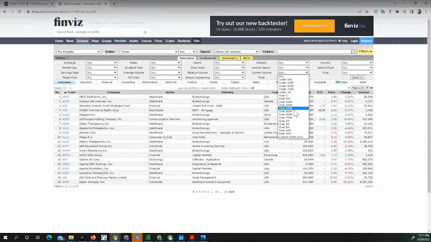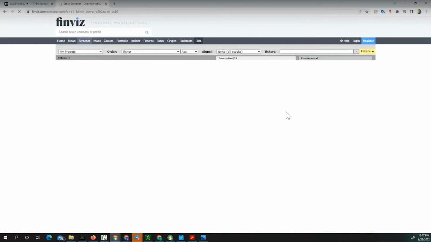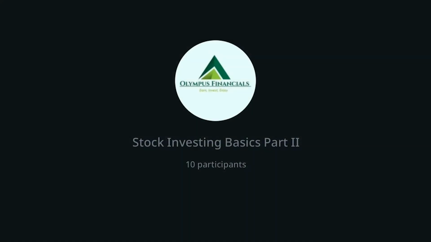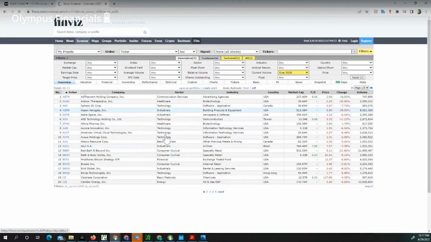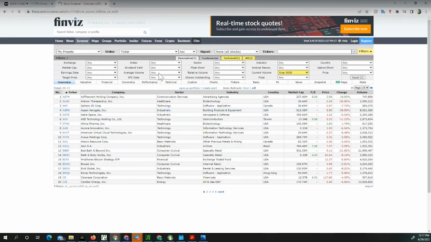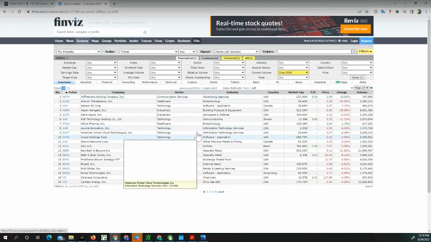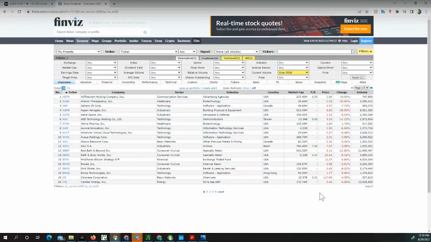So you want something that's around 500K current volume, or if the market is closed, you use 500K average volume. Now on this list, there are 88 stocks in total that have 500K volume. And then the next thing I said was RSI, which was the relative strength index.